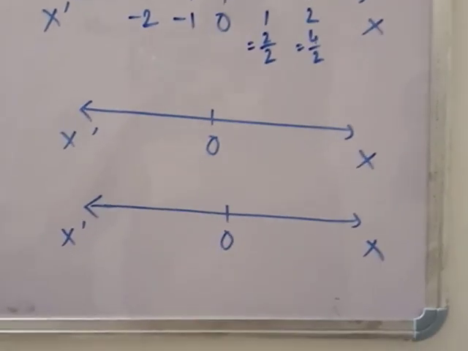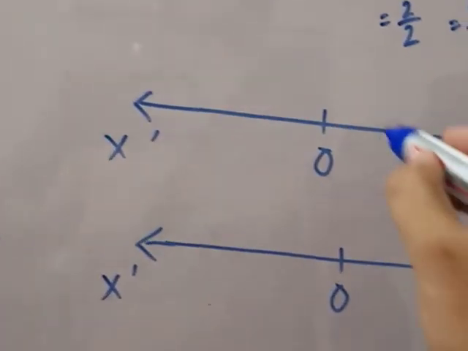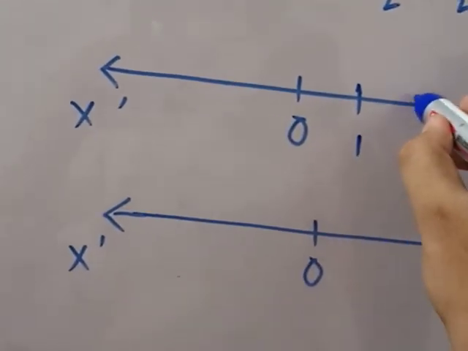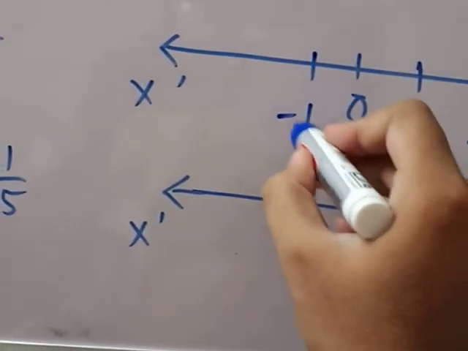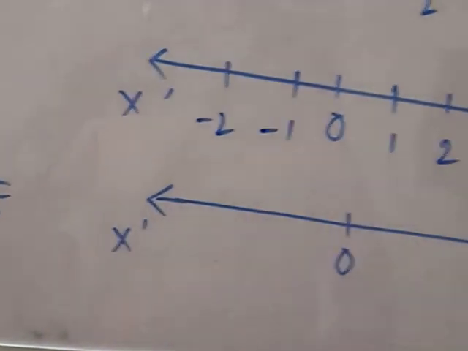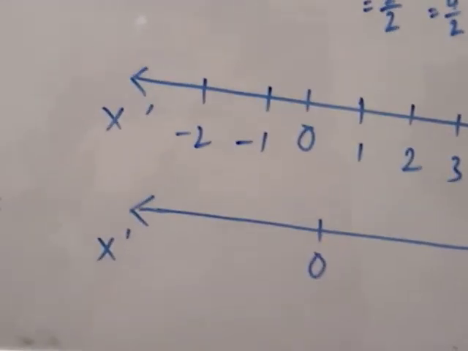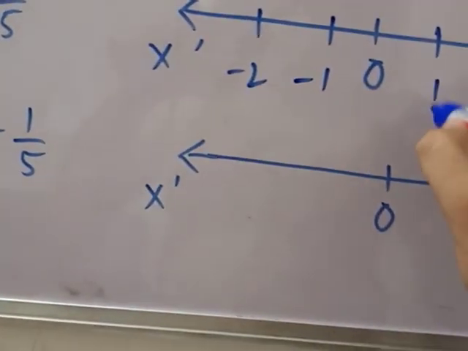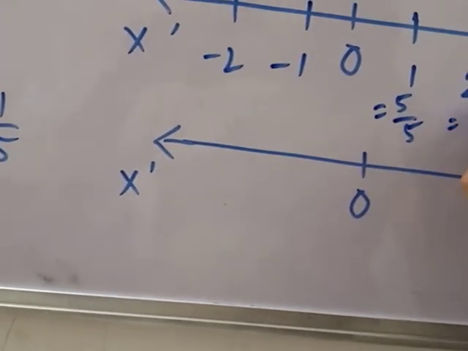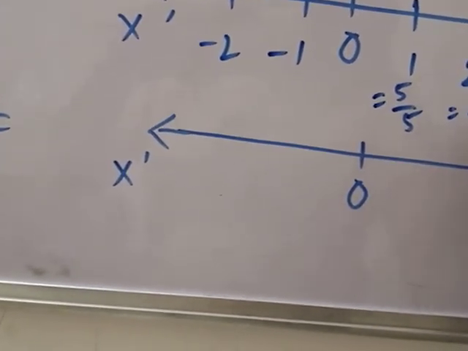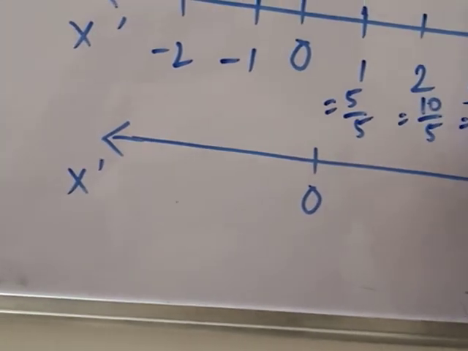Okay. Next 3 by 5. So now firstly divide 1, 2, 3 and the negative side also. Okay. So 3 by 5. So denominator is 5. So express 1, that is 5 by 5, 10 by 5 and 15 by 5.